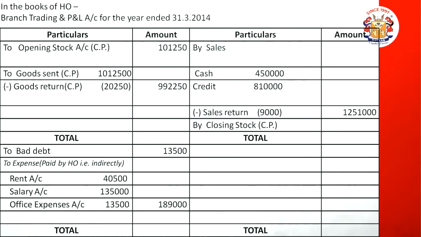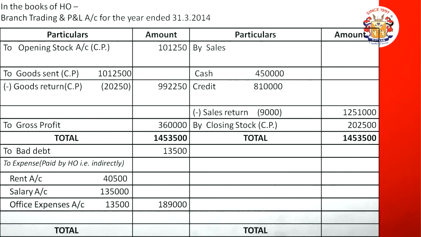Next one, closing branch stock will be recorded on the credit side of branch trading account but at cost price, because this is final account method. 2,025,000.